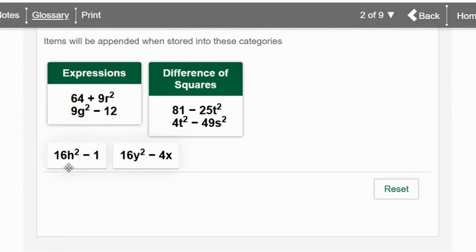How about 16h squared minus 1? Is that a difference of squares? Yes, yes, yes, I'm seeing. We have several people convinced that this is a difference of squares.